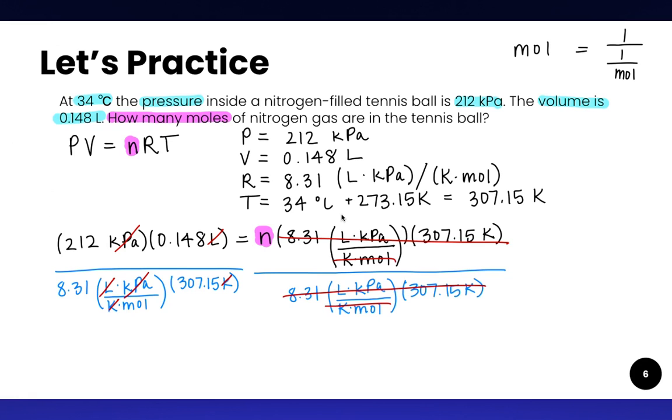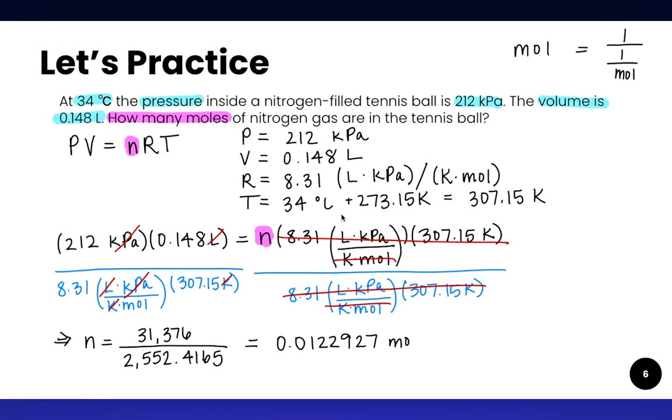So we can plug these numbers into our calculator at this point. We're going to multiply everything on the top and everything on the bottom, and then we're going to plug those numbers back into the calculator and find out what the answer is. So when you divide those two numbers, you get 0.0122927 moles.